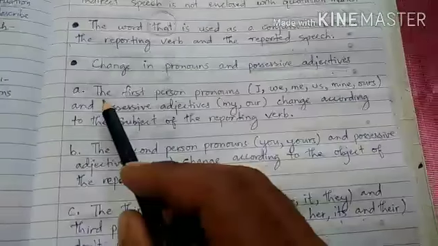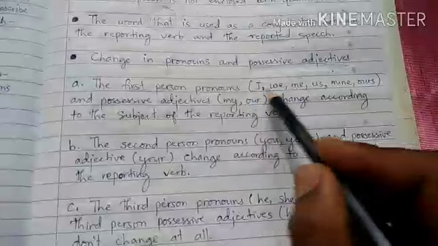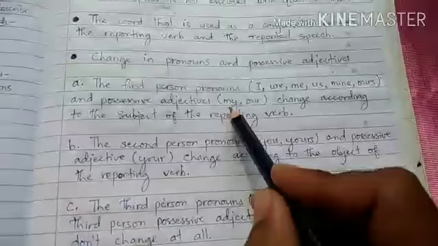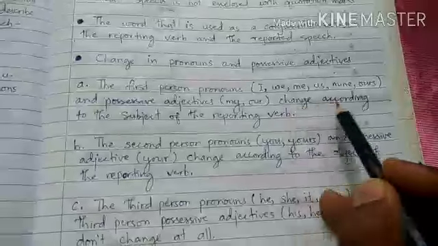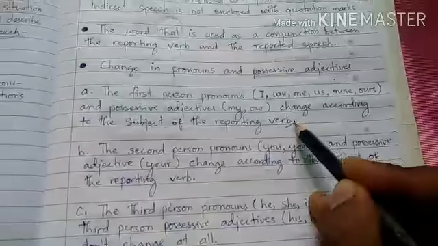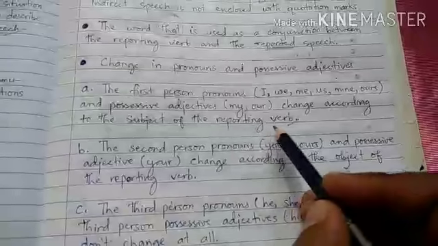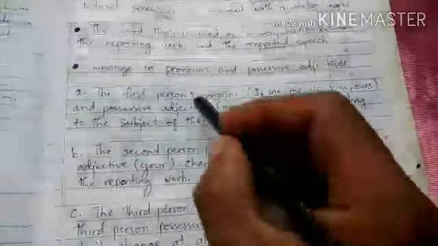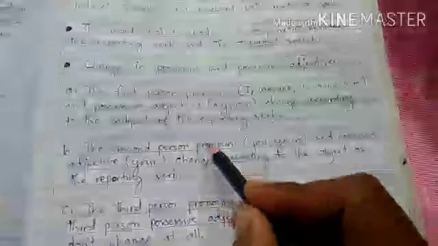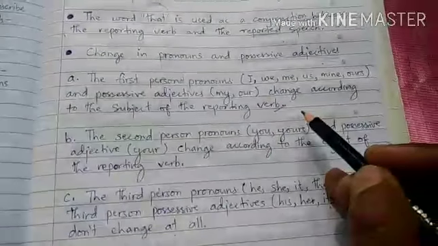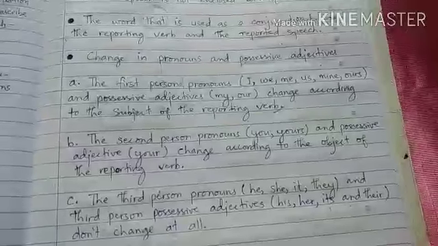Like the first person pronouns I, we, me, us, mine, ours, and possessive adjectives my, our change according to the subject of the reporting verb. It depends upon the subject of the reporting verb how these personal pronouns and possessive adjectives change their forms. Okay, we will see in the examples.